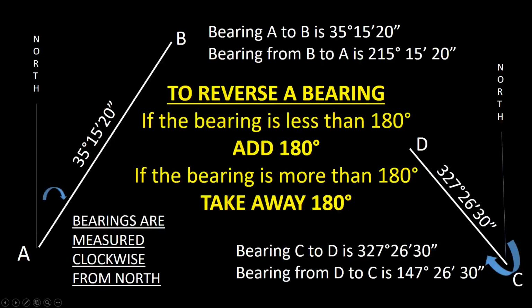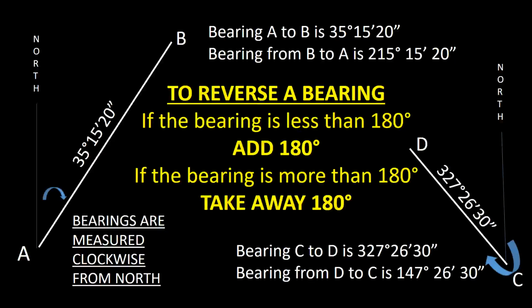But if we want to look at the bearing from B to A, and we're going north would be up the page, the angle would be all the way around there, 180 plus the 35. So it would be 215 degrees 15 minutes 20.